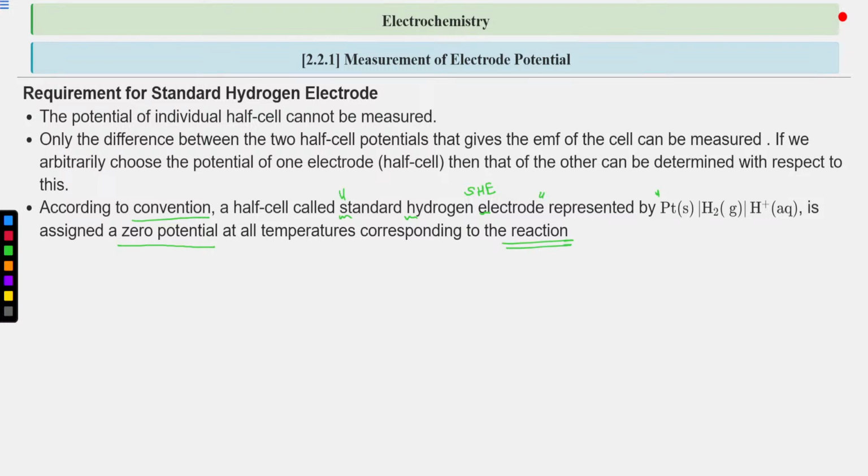So basically, it is given that according to the convention, we take the potential of the standard hydrogen electrode, also known as the SHE electrode, represented by this cell representation, and it has zero potential at all temperatures.